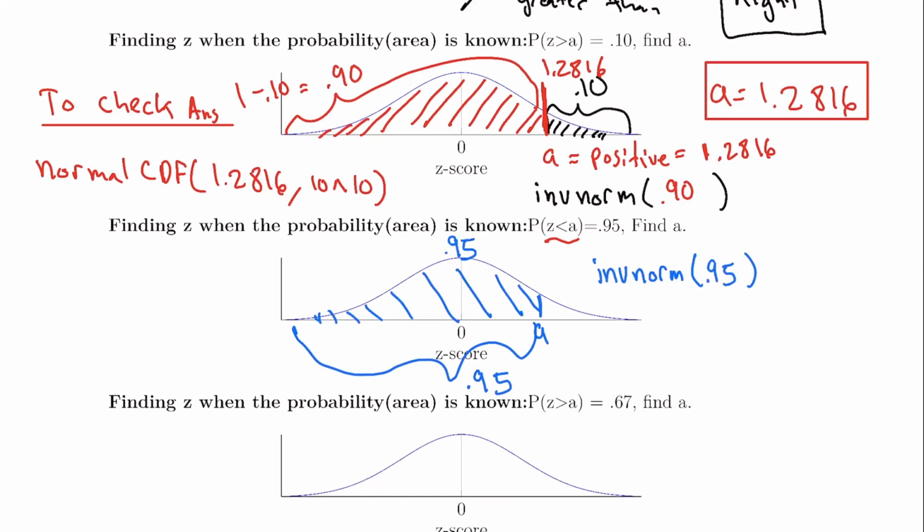You put 0.95. So we're going to do inverse norm of 0.95. Also, since A is on the right-hand side of 0, A should be a positive number. So let's see if everything checks out.